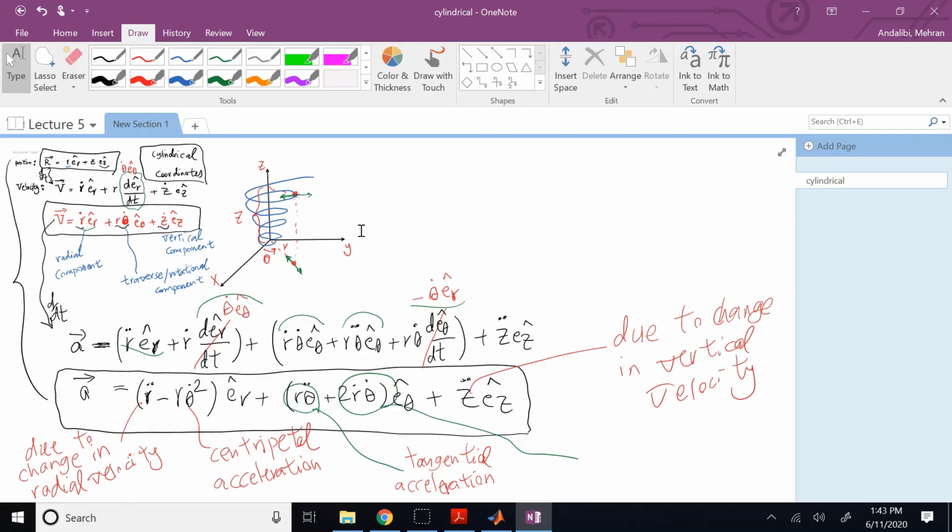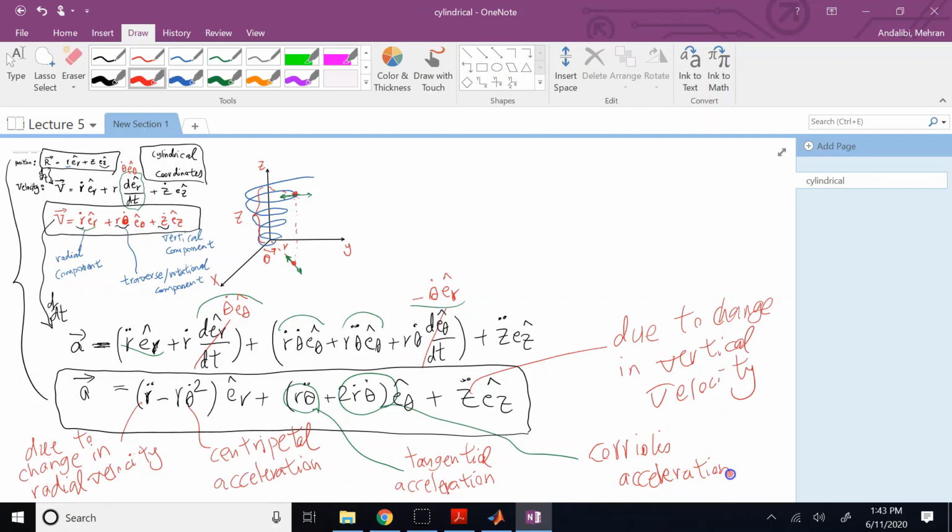So, first of all, what's the name of this? Where would you see it in real life and feel it? The name of it is probably something that you have heard. Most probably you did. It is called Coriolis acceleration.